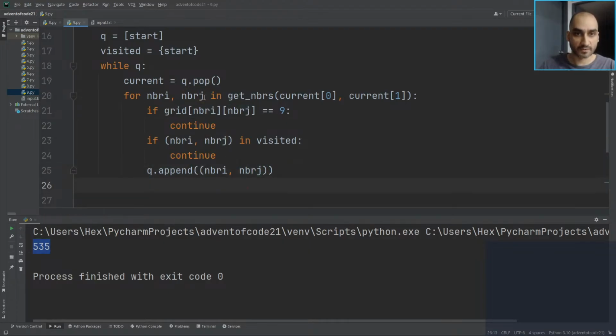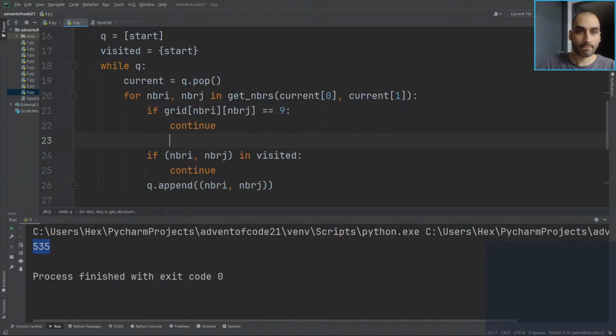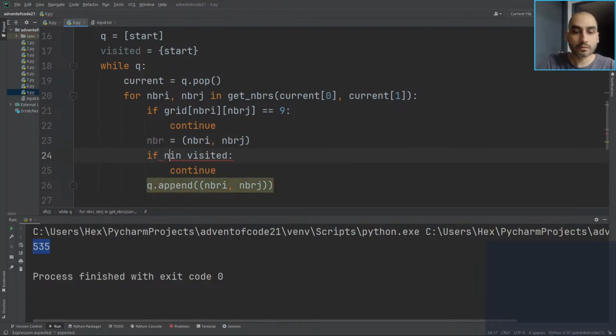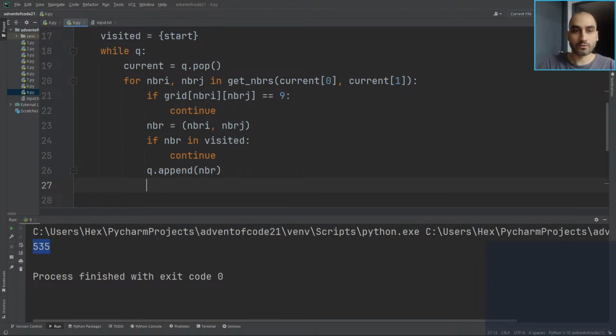Should really just say neighbor equals that. Put it on the queue. Mark it as visited.